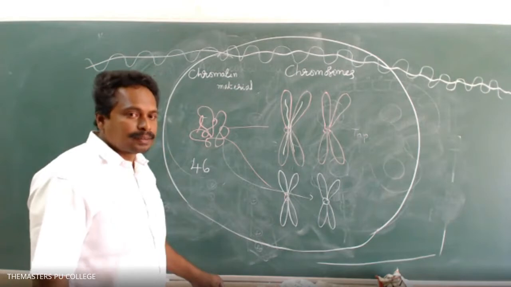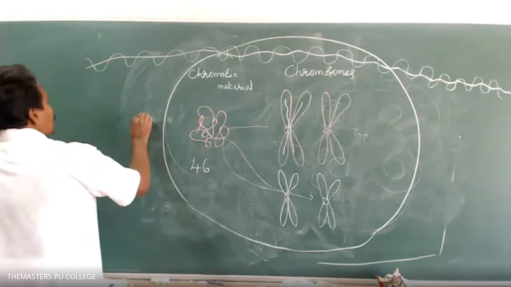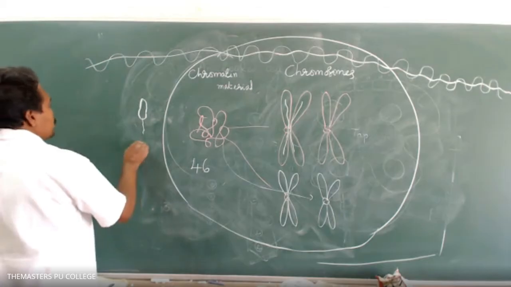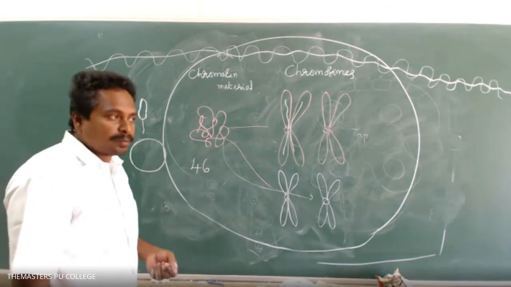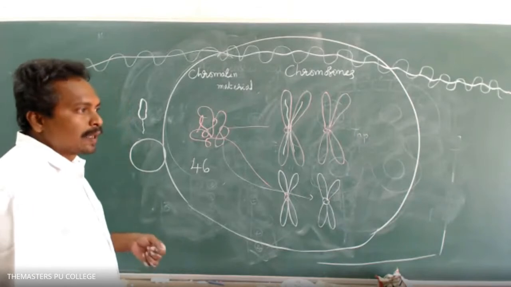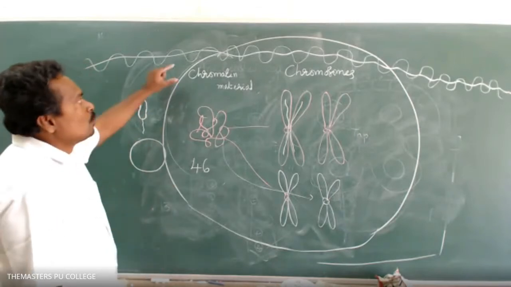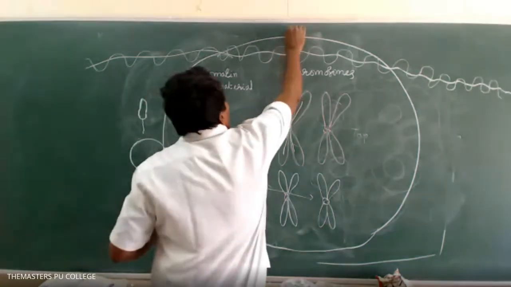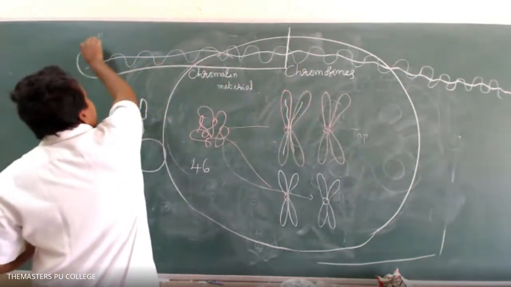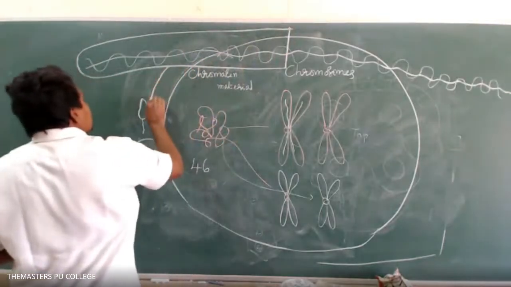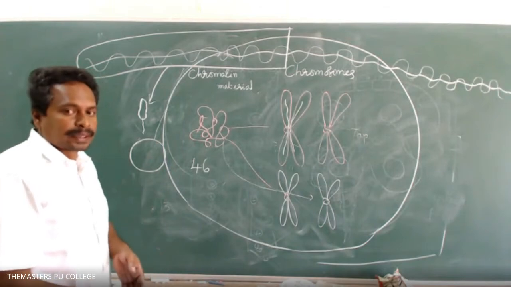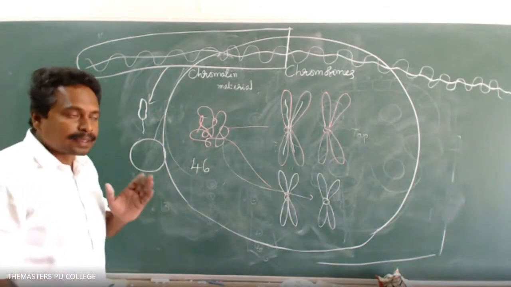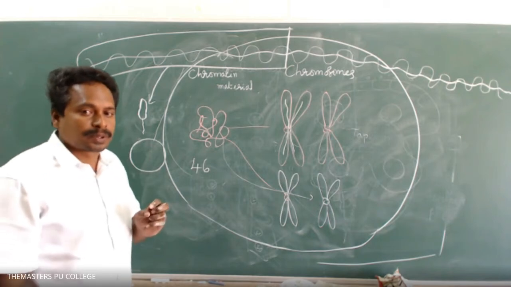Whereas in haploid cells, like the sperm, egg or ovum, there are 23 chromosomes. In a haploid cell, the 1 meter long DNA molecule is distributed in 23 chromosomes.